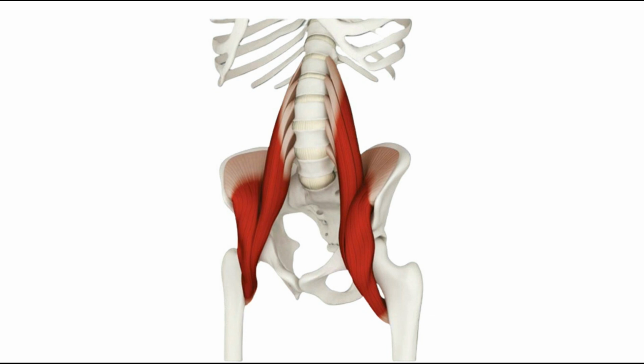This is the reason why the psoas major and the iliacus are considered major hip flexors. When it comes to function, one is to stabilize the hip joint by pulling the femur inside of the socket.